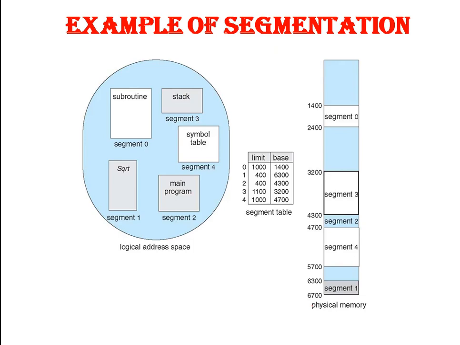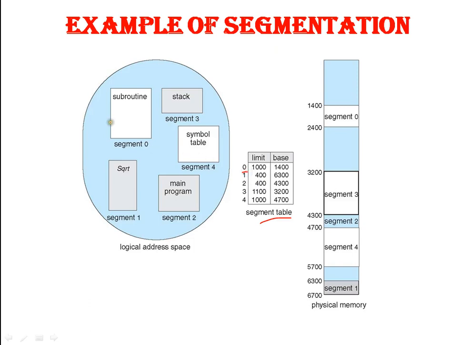Next, an example. As we have seen, the subroutine, stack, symbol table, main program and square root function are each called a segment: segment 0, 1, 2, 3, 4. For each of these segments stored inside physical memory, we can write the segment table, with the limit and base registers.